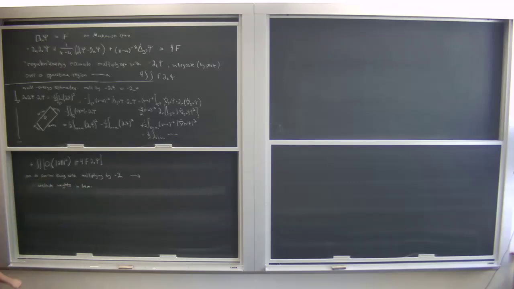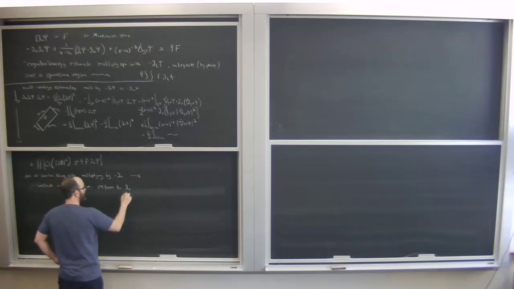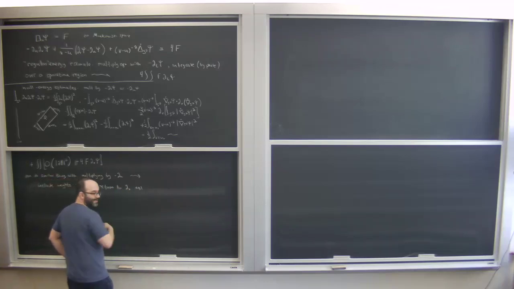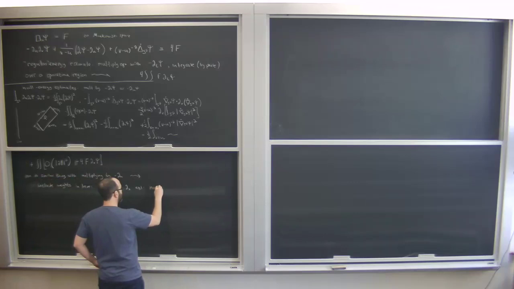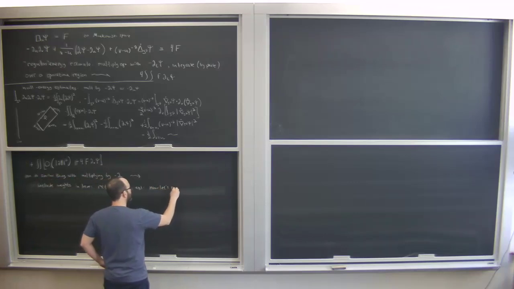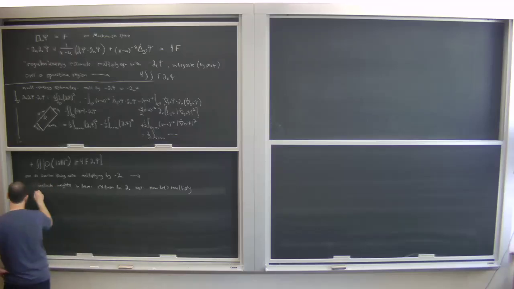All right. And again, what's the upshot? So let's return to the d by dv estimate. All right, and now let's multiply. So now let's multiply by some function.